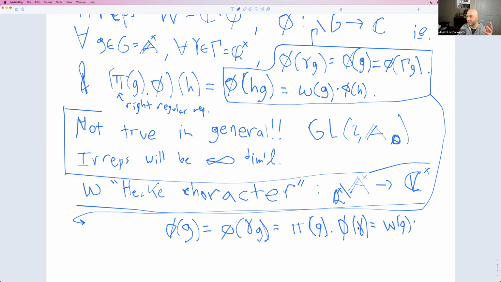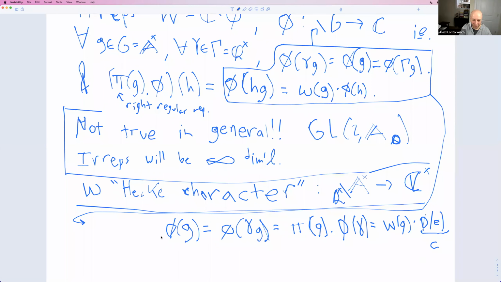But phi is, again, gamma invariant. So what's phi of gamma the same as? It's just phi of the identity, exactly. This is just some constant.